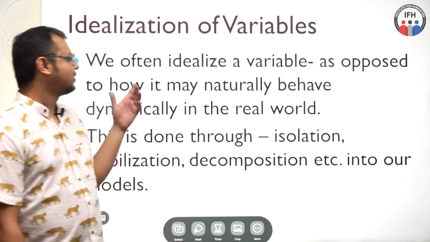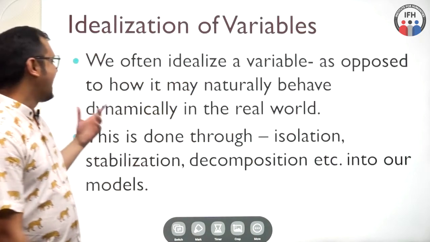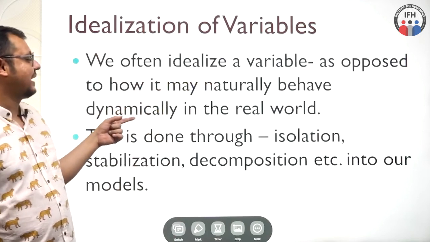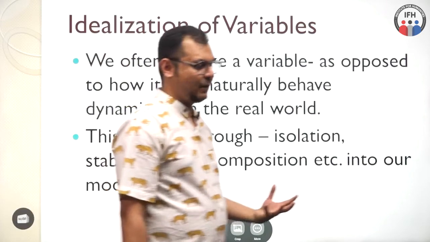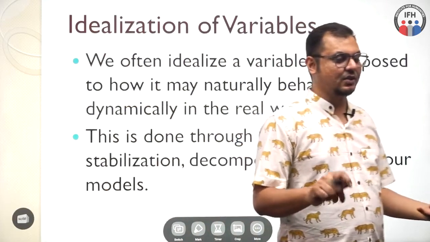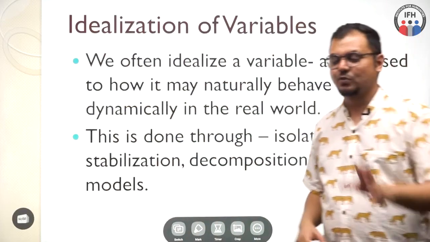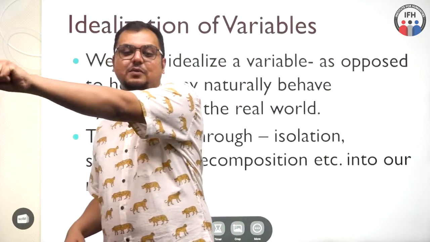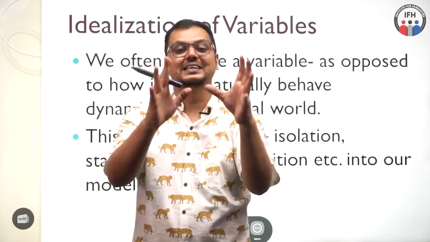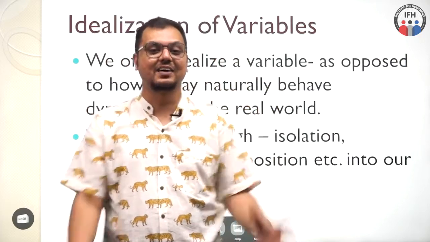So we often even idealize a variable as opposed to how it may naturally behave dynamically in the real world. We say it's an idealized scenario, which means we hold certain things constant or we isolate it somewhere. So that variable doesn't actually behave in the real world in that same sense, but we have taken an ideal case scenario, so we have idealized the entire variable.